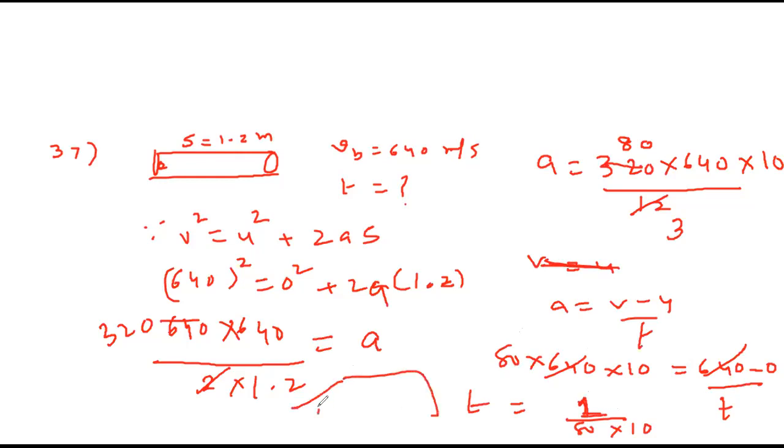Therefore t equals 3 upon 80 into 10, 640 cancel. So it will be 3 upon 8 into 10 raised to 2.